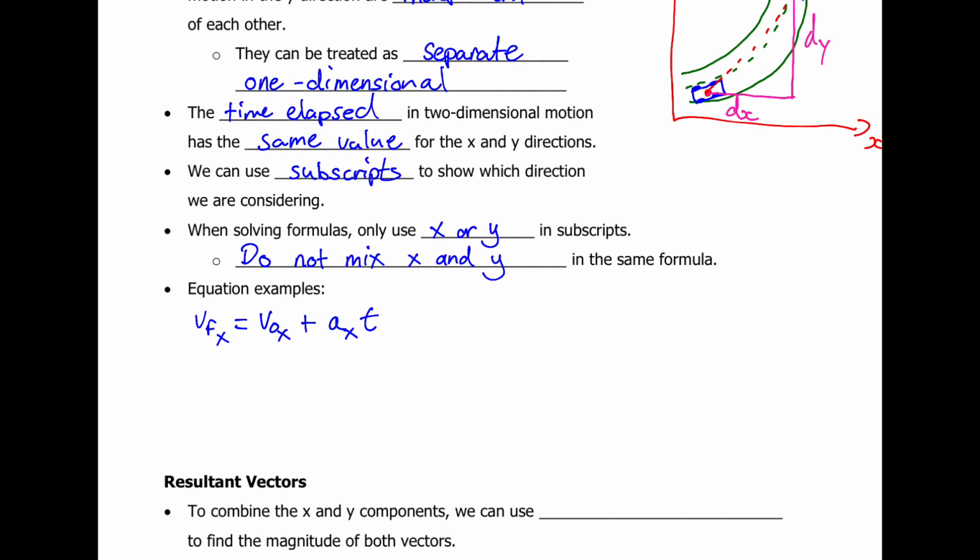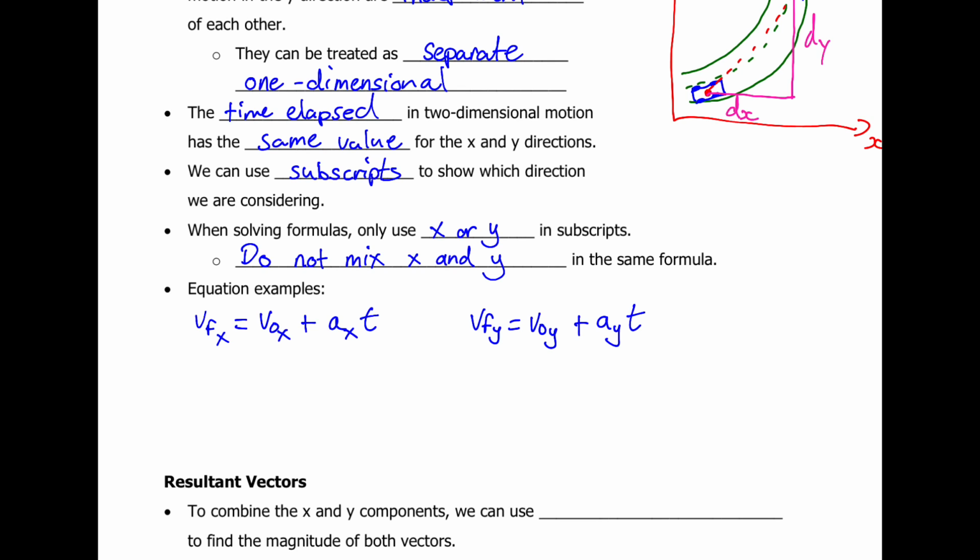These are separate, right? If I write VFY equals V naught y plus a y and t. So these are two separate. We can't cross any of the values in them. And we can do this for any of the equations on the whole sheet.